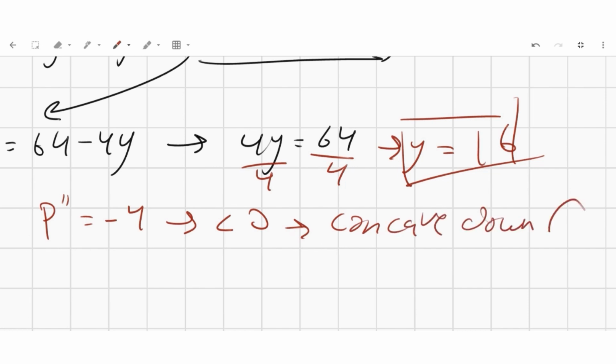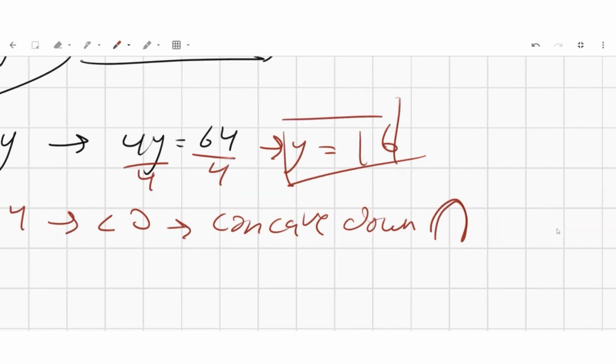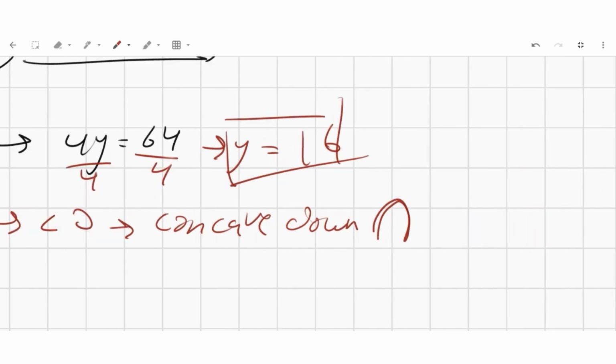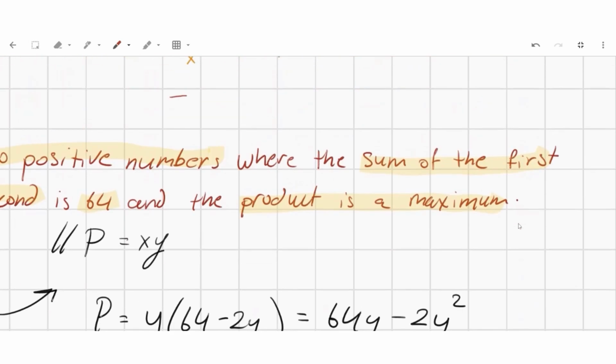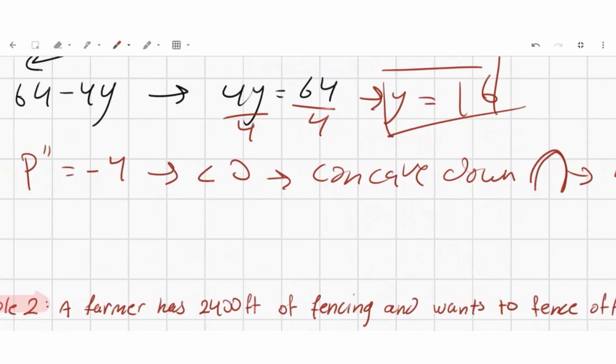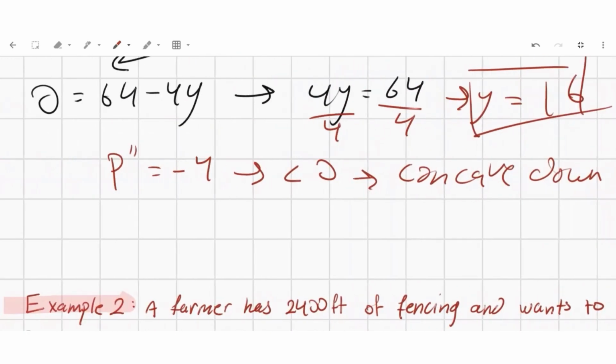All right, so it's this downwards U shape, which means it's a maximum. This is just to prove that, as stated, the product is a maximum. So we used the second derivative to prove that.